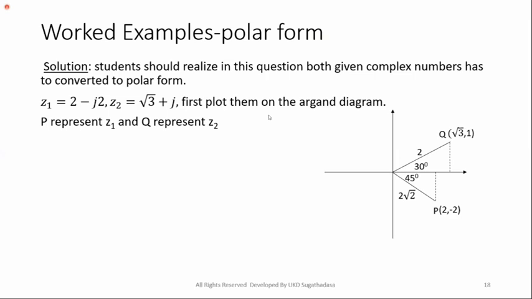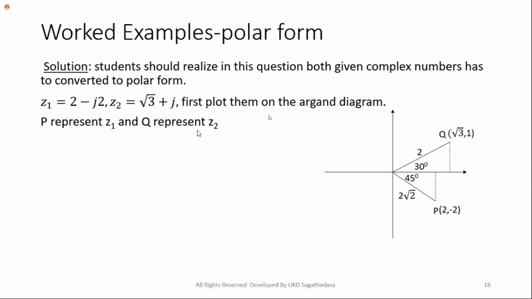Very clear, you see. Everything so simple is not described here, because the argument and the modular value you can calculate, no? With the sides square root of 3 and 1, by Pythagoras theorem you get OQ is 2, and the other one is 2 square root of 2 from the Pythagoras theorem.